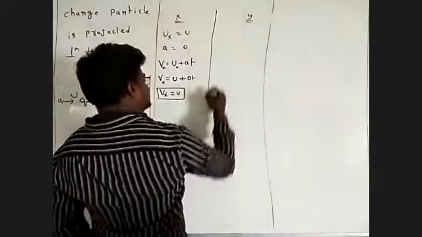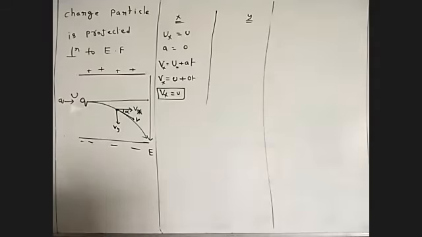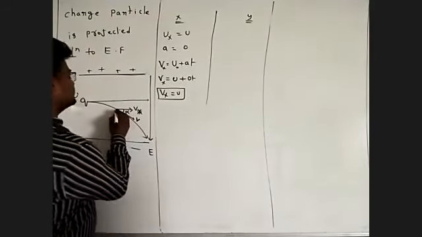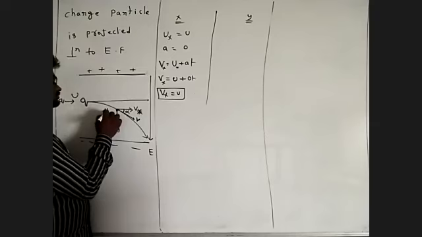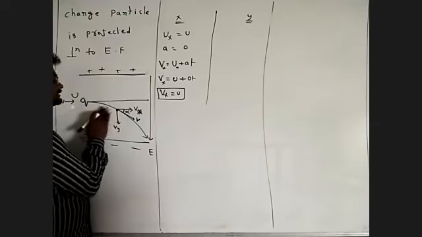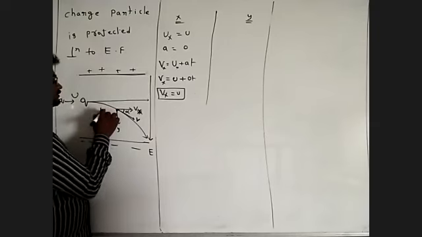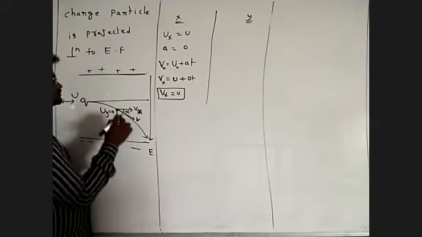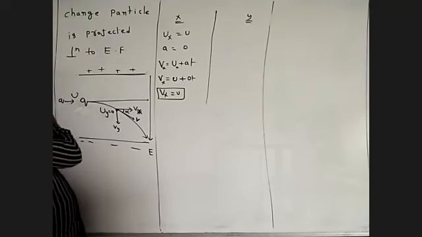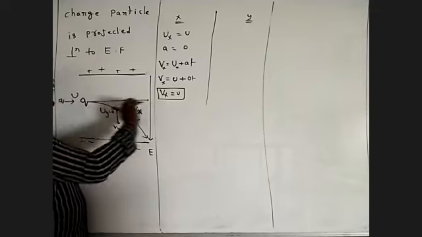In the y-axis, this is like a freely falling body. At this position, the body is projected with a velocity u along the x-axis.